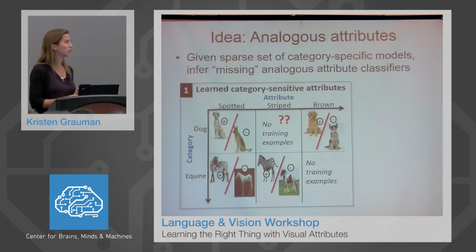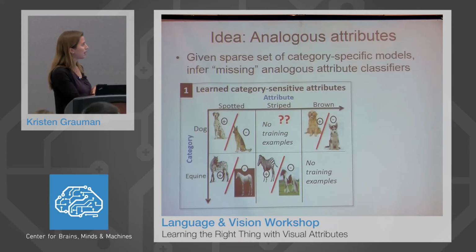So imagine this picture. You've got some number of object categories, and you have some number of attributes. Okay? And for any combination of those pairings that you do have data, you can train a discriminative model. So we'll learn about spotted dogs or brown dogs, and so on. Okay?